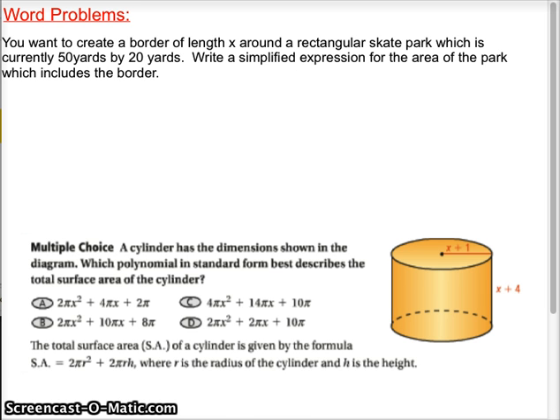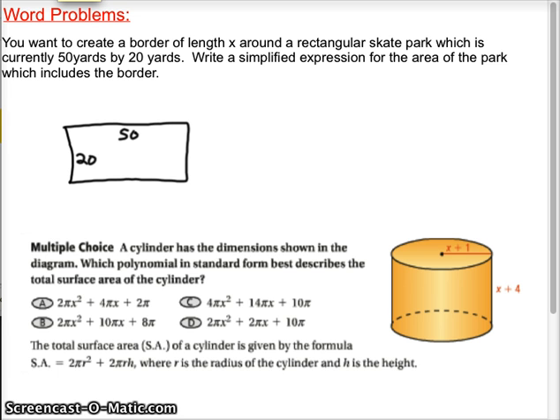Now, there's also going to be some word problems we're going to deal with in this second part. So, you want to create a border of length x around a rectangular skate park, which is currently 50 yards by 20 yards. Write a simplified expression for the area of the park, which includes the border. So, what are we talking about doing here? Well, I have my little skate park, which is 20 times 50.